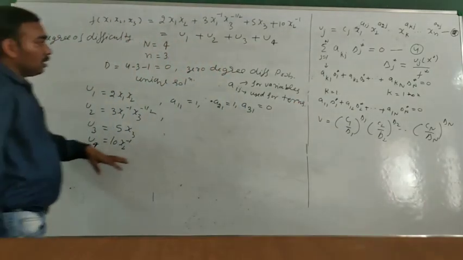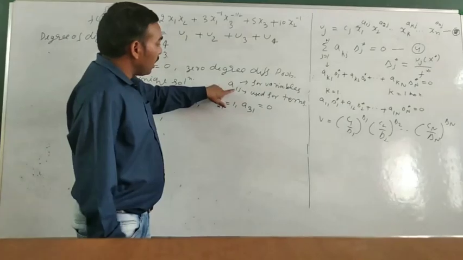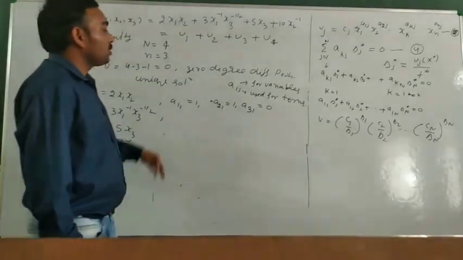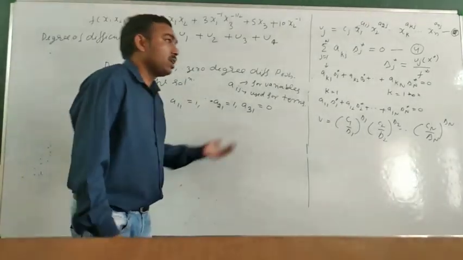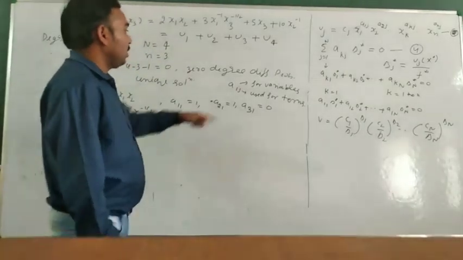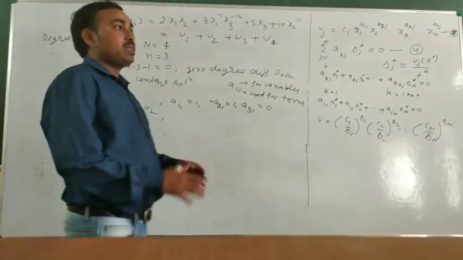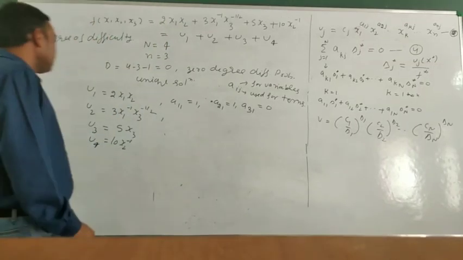That is, i tells which variable, x1, x2 or x3, and j tells which term, first, second or third.